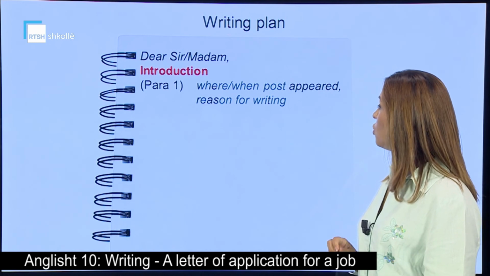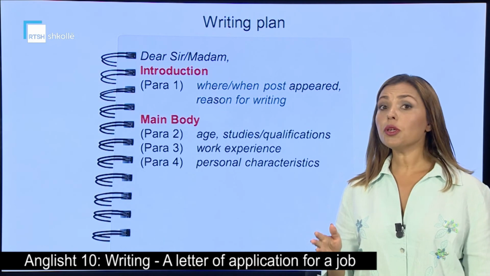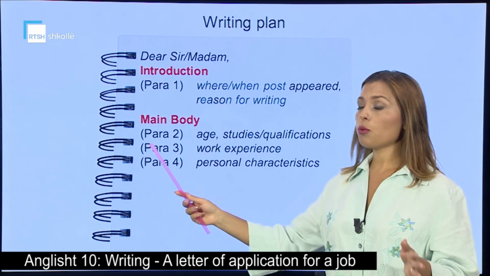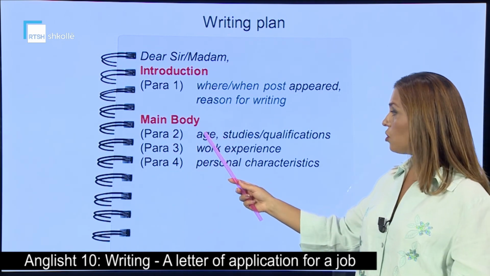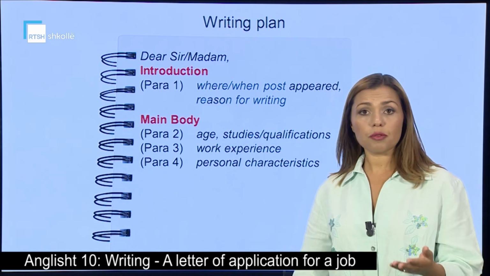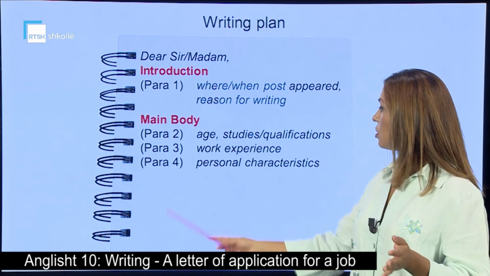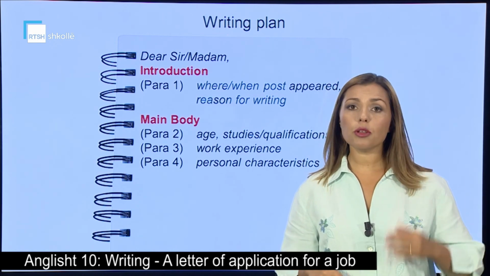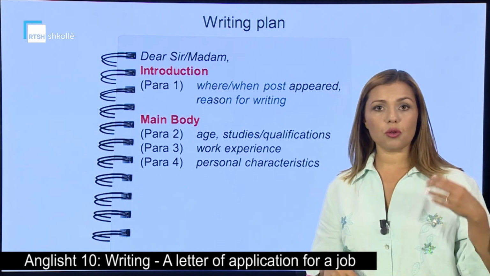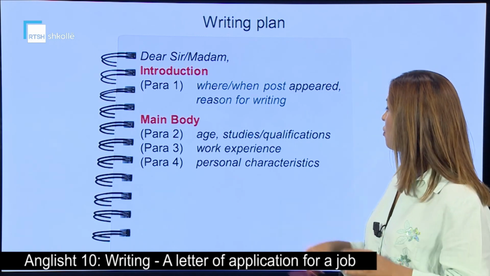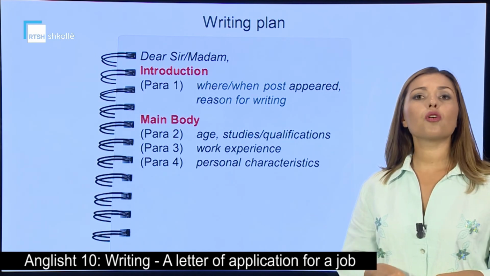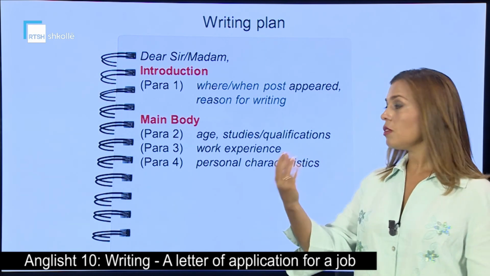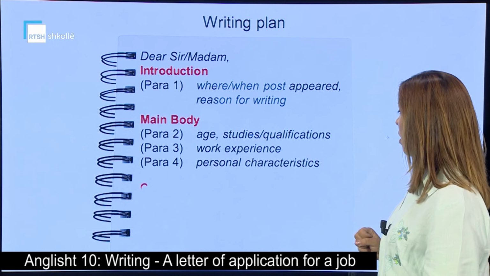Then, continuing with the main body, we have the second paragraph. We said that we're going to include the age, some of the studies that you've done, and some qualifications. In the third paragraph, you need to write down where you have worked before that has to do with the advertisement. And in the fourth paragraph, some of your personal characteristics that include different adjectives that have to be justified.